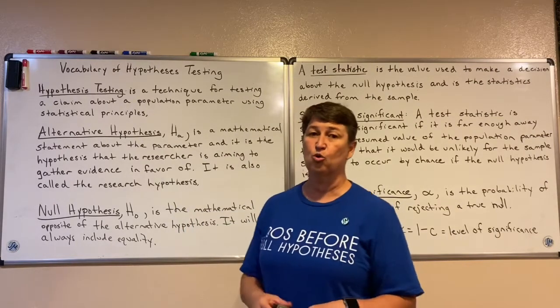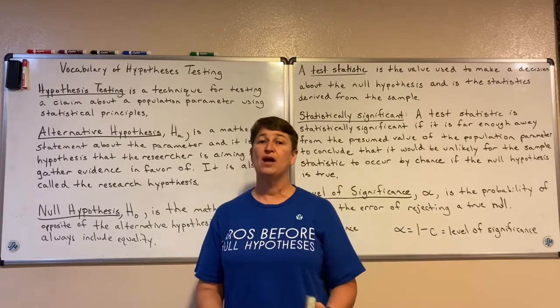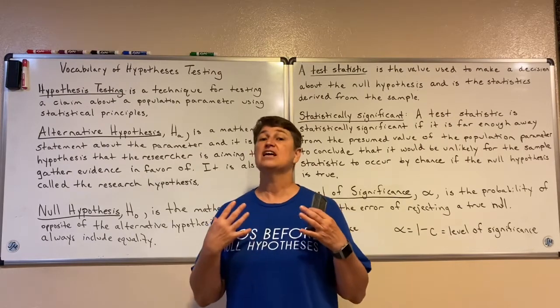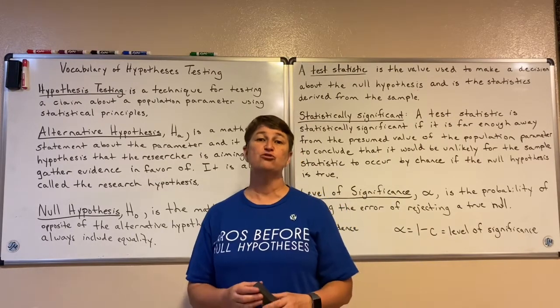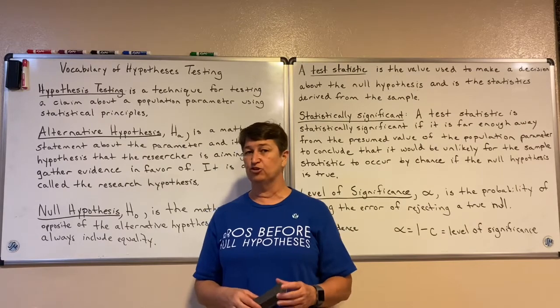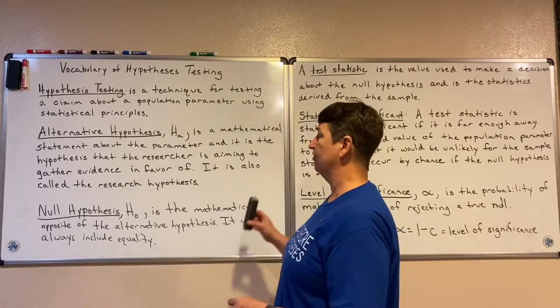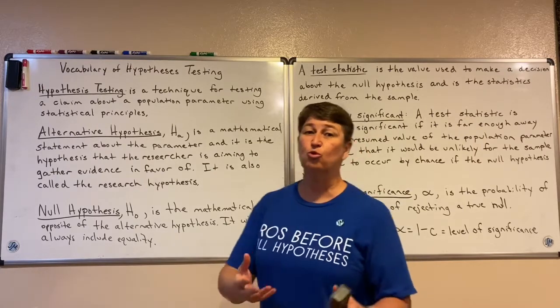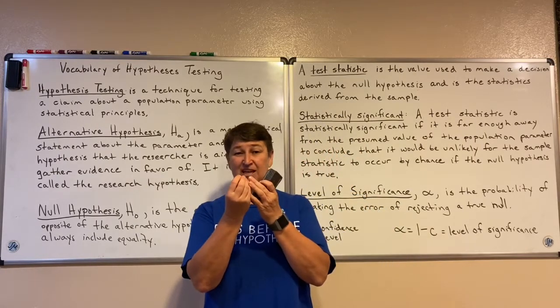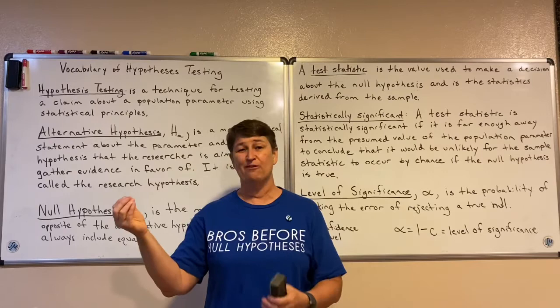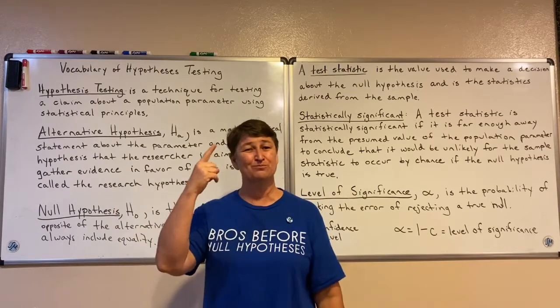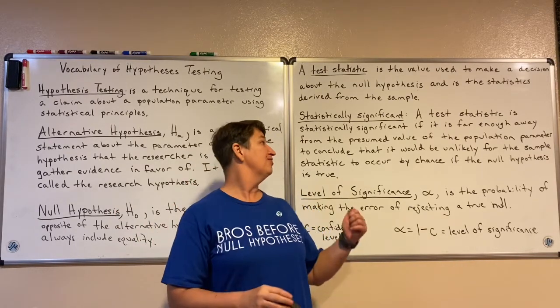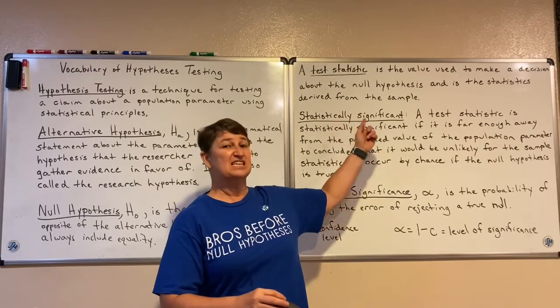It's just like in a court of law, you assume that the person is not guilty until you see enough evidence to convince you otherwise. It's the same thing with our null hypothesis. We're going to assume it's true until we get a test statistic that's so far away from our parameter that we're like, there's something weird there, that it is statistically significant.